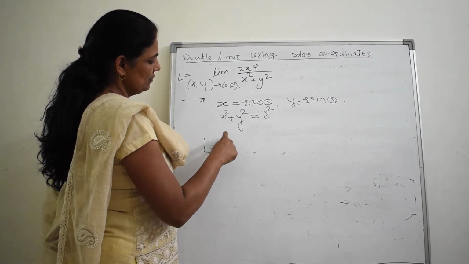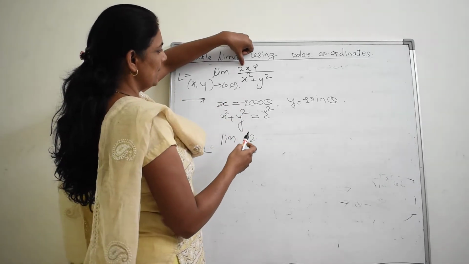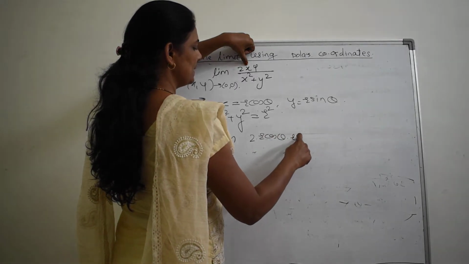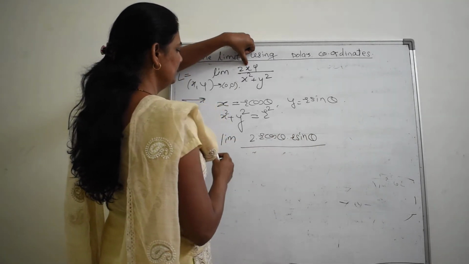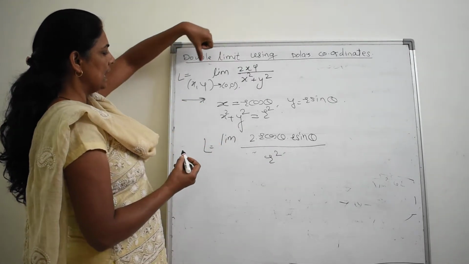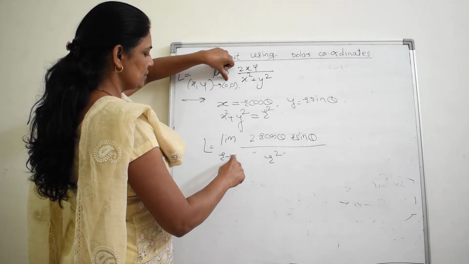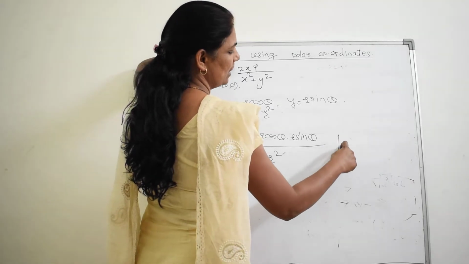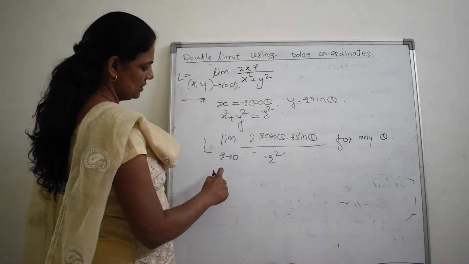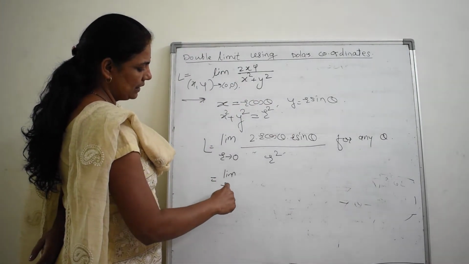So L equals the limit of 2 times r cos theta times r sin theta upon x square plus y square, which is r square. As (x, y) tends to (0, 0), r also tends to 0, and there is no change in theta. So this is the limit as r tends to 0.